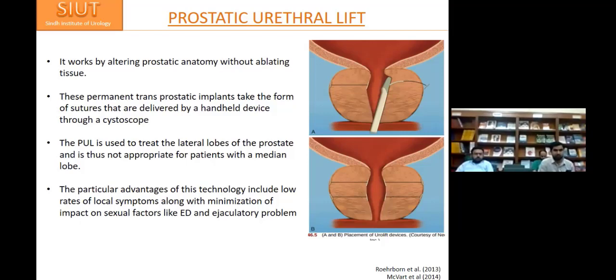These permanent transprostatic implants take the form of sutures that are delivered by a handheld device through a cystoscope. It is used to treat the lateral lobes of the prostate and is thus not appropriate for patients with the median lobe. The particular advantage of this technology includes low rates of local symptoms along with minimal impact on sexual function like erectile dysfunction and ejaculatory problems.